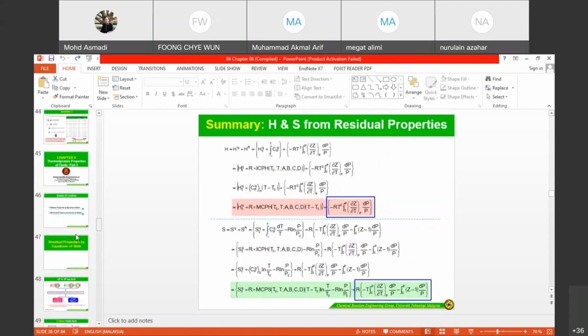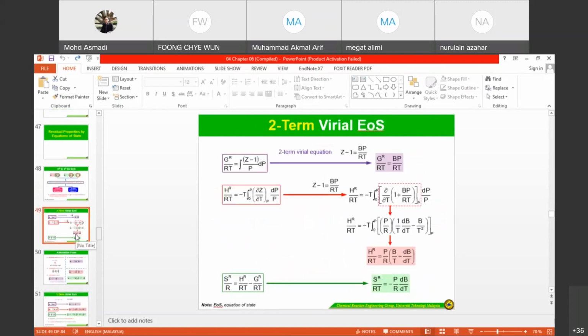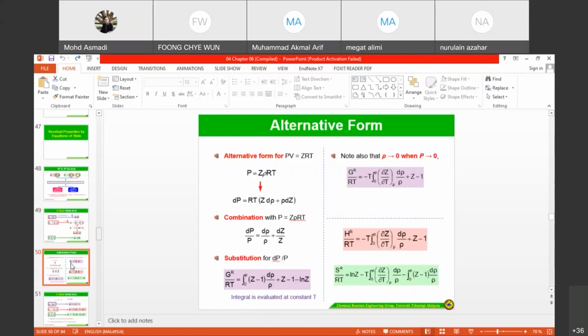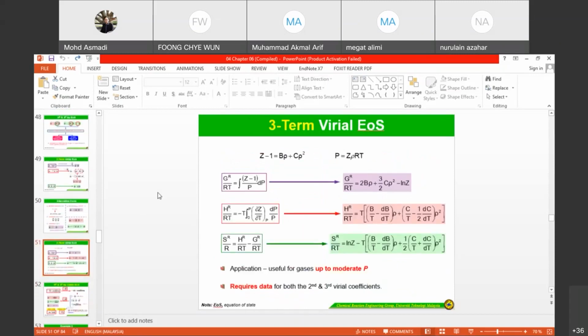Also C, for the three-term truncated virial. These come from other references.